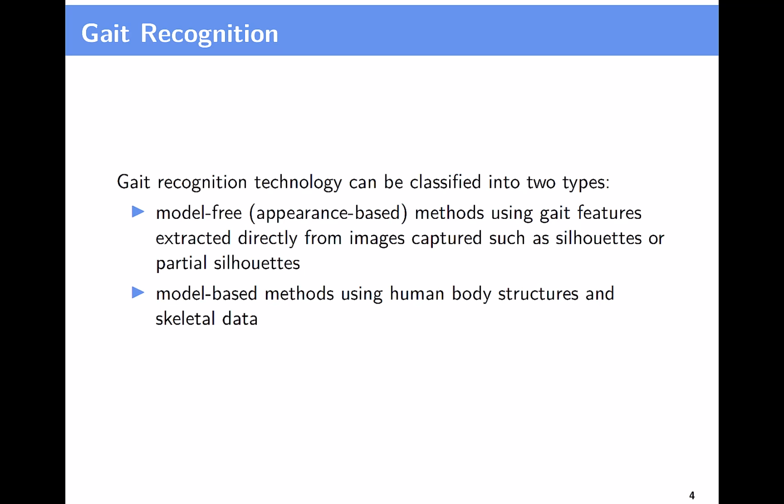This is the technique where we try to recognize the locations of human structures by identifying the structural data, and use this skeletal or structural data in order to identify humans. In this work, we focus on developing a new model-based method.